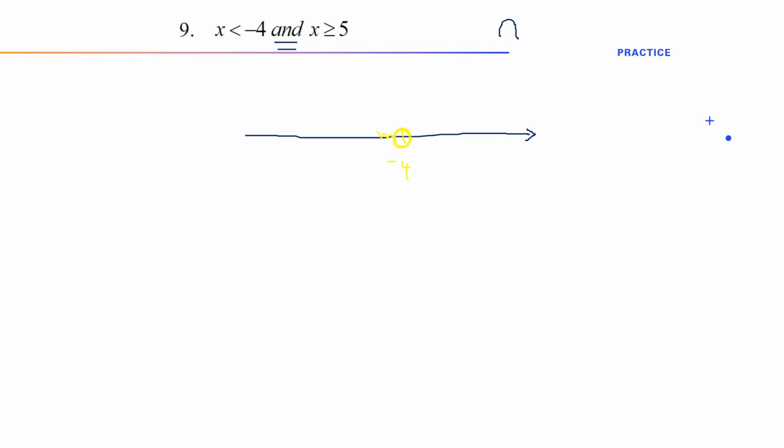Less than, so let's go in the negative infinity direction. For x greater than or equal to 5, here is 5, and it includes 5, so it's closed, and then go towards positive infinity. The common part between those two is empty, nothing. So it means no solutions.